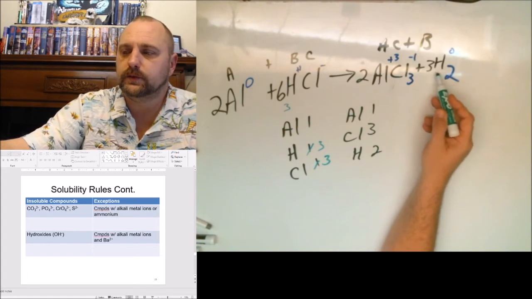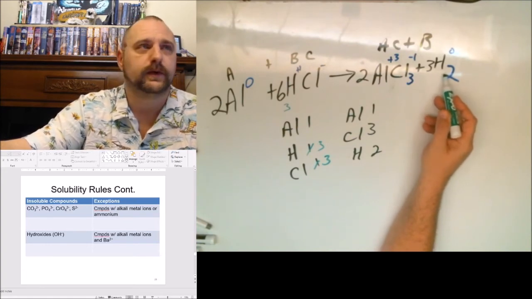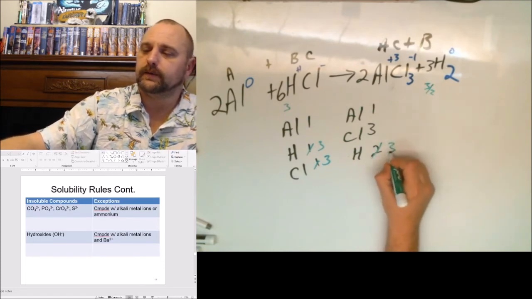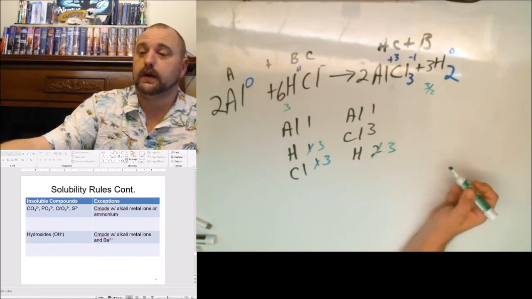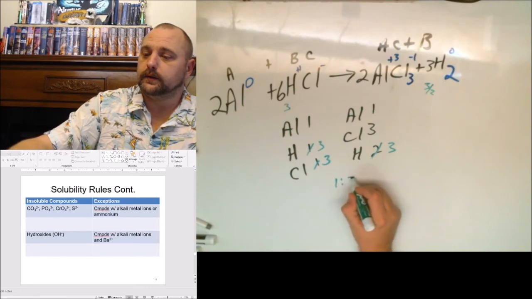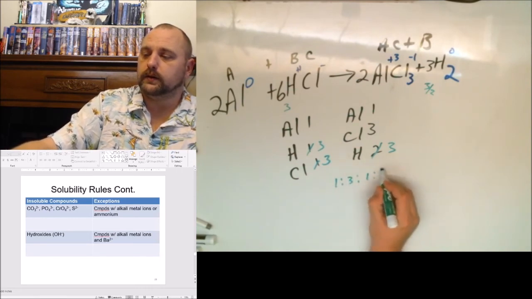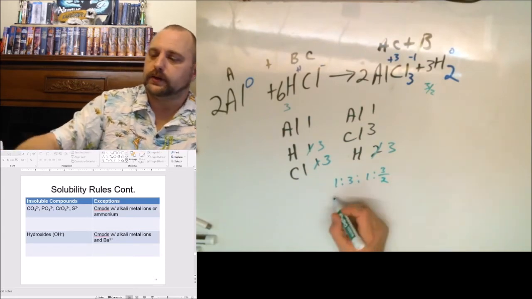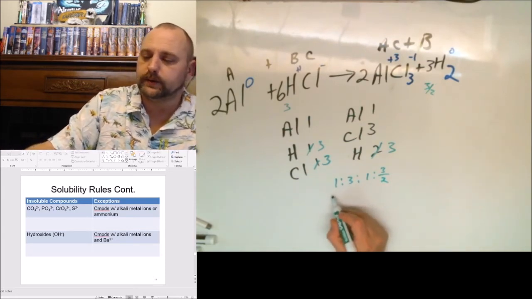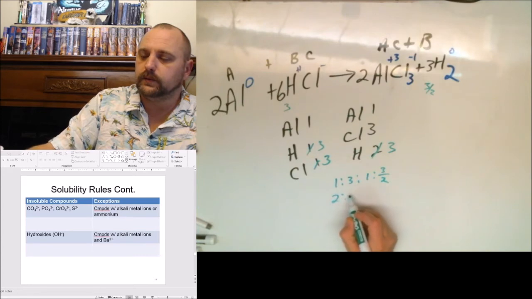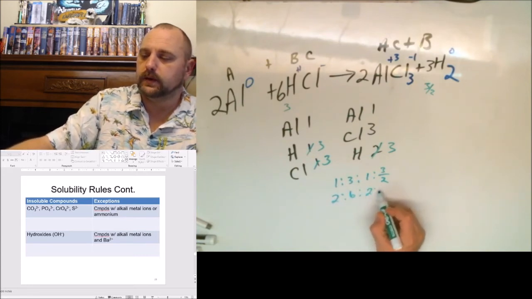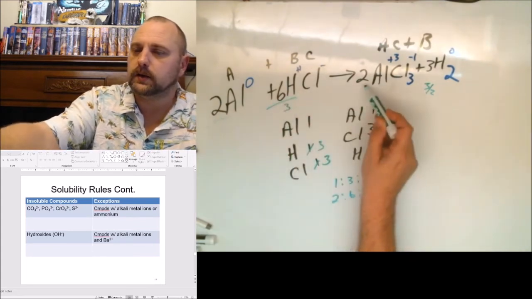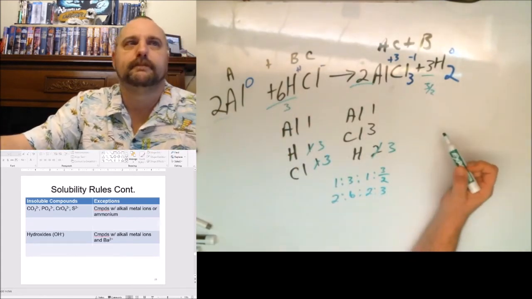And I wanted to do hydrogen last because it's a free element, and I could do 3 halves on this side, and that would give me 3 over here as well. So my ratio would have been 1 to 3 to 1 to 3 halves. Can't end with that ratio, so I'm going to multiply all the coefficients by 2. In other words, 2 to 6 to 2 to 3, which is what we got.